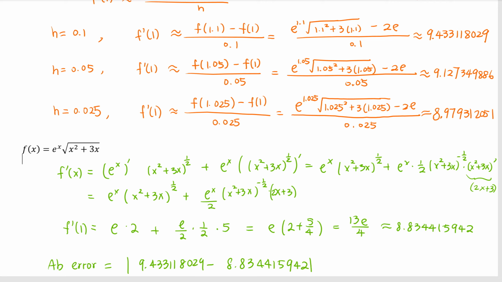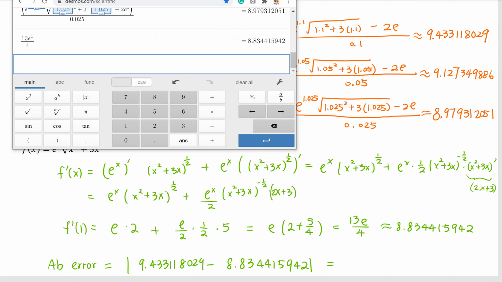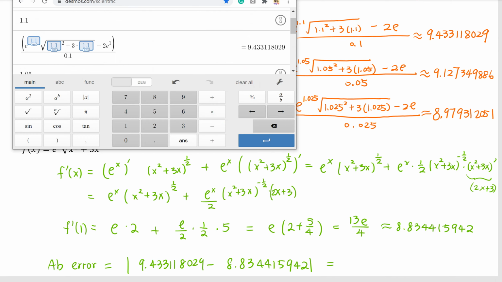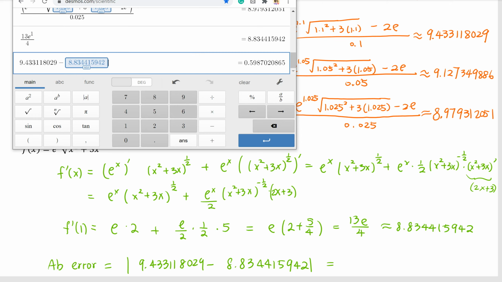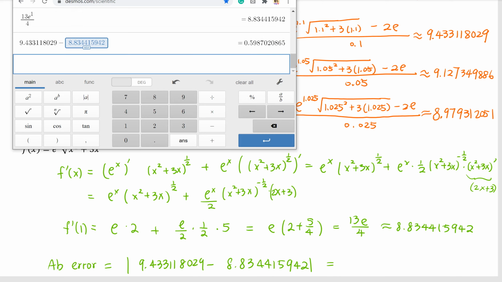Okay, what is that answer? Let's see, can we go back and find that number? Then we don't need to type it again. Yep, it's right here. So this guy minus our previous answer. Okay, so we get 0.598702085.